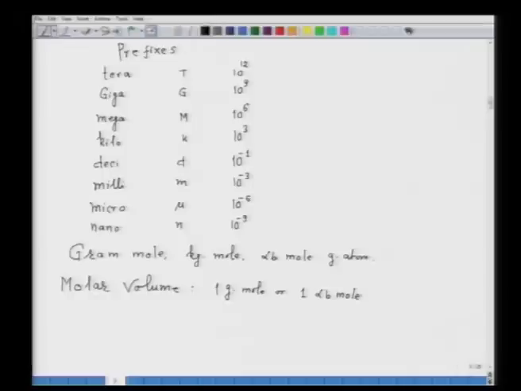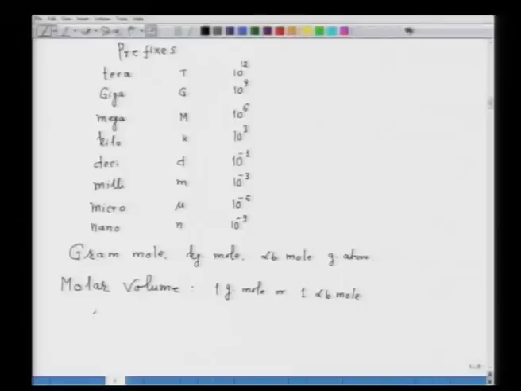And while specifying the volume, one has to specify the temperature and pressure both. Expression of volume in meter cube requires specifying what is the temperature and what is the pressure at which that volume is expressed.